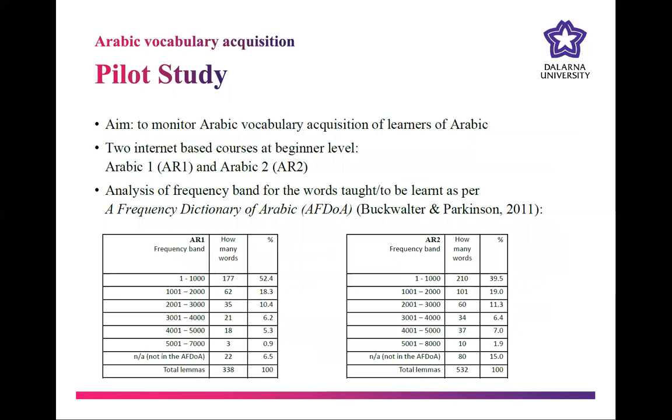In order to identify the words in the course's word lists and the frequency bands of the words, we used a frequency dictionary of Arabic by Buckwalter and Parkinson. And as you can see, for Arabic 1, the word lists amount to a total of 338 lemmas. For Arabic 2, word lists have a total of 532 lemmas.